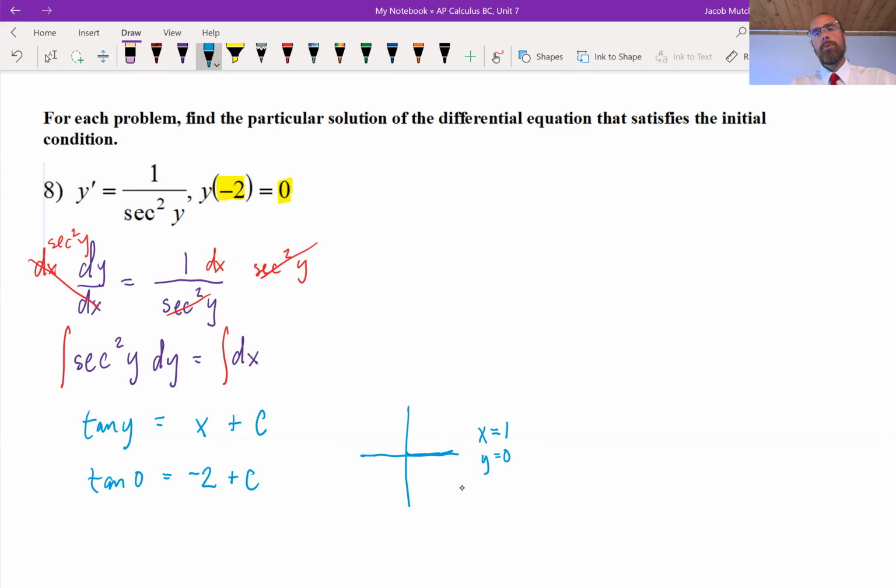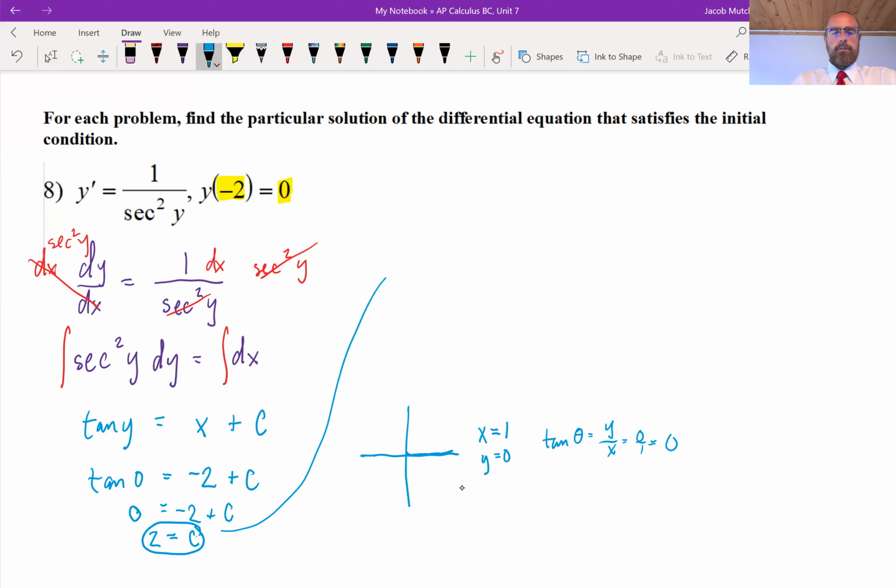So it's a triangle with 0 height. Remember, tangent is y over x, so it's going to be 0 over 1, which is just 0. So that's 0 equals -2 plus c. If I add 2 over, I solve for c. c equals 2.